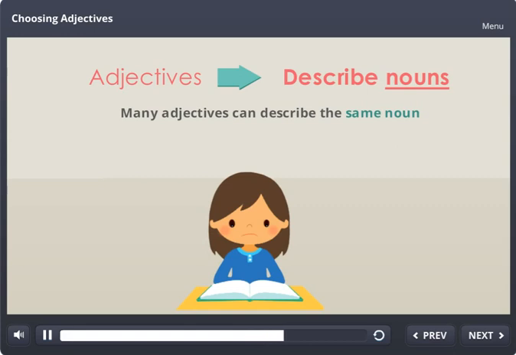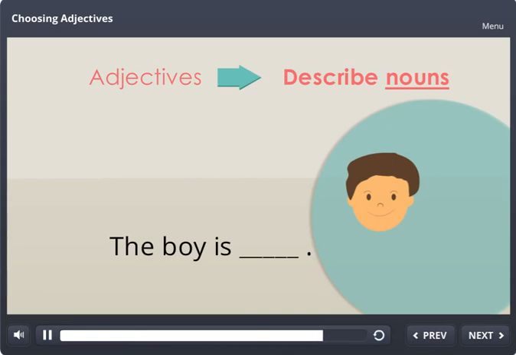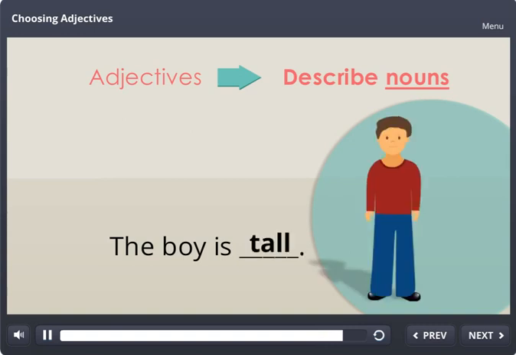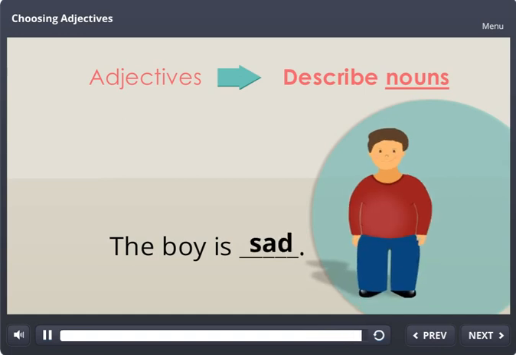When we have to choose adjectives from a box, it sometimes seems like many adjectives can be used to describe the noun. Let's use different adjectives to describe a boy over here. For example, he can be sad, and so on.